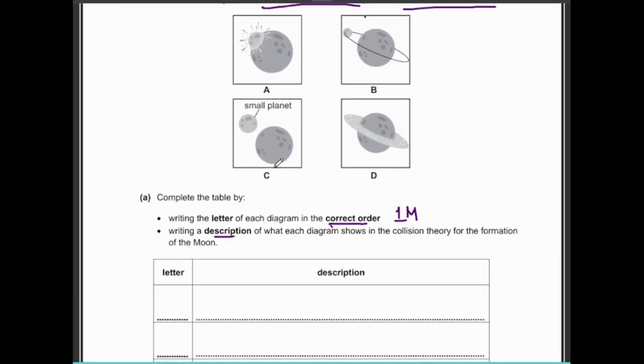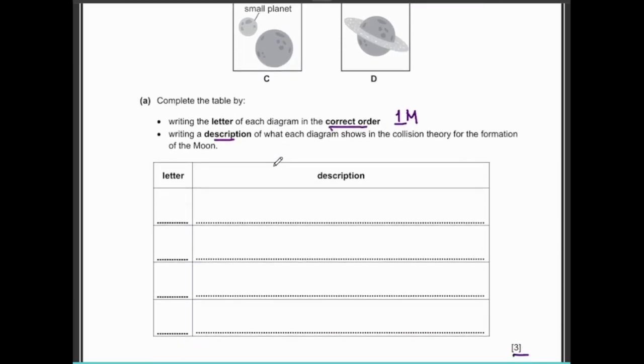The first one, of course, should be your C. There is a small planet, which is moving towards the earth. Small planet moving towards earth.